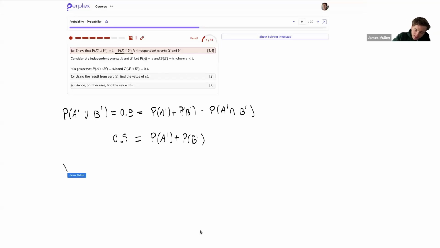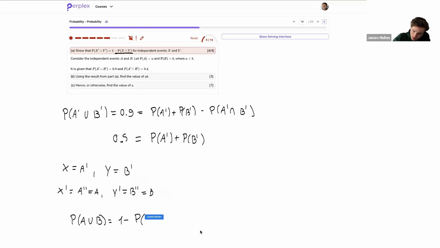I'm going to say let x equal A prime and y equal B prime, so that x prime is equal to A prime prime, which is equal to A, and y prime is equal to B prime prime, which is equal to B. That means I can say that the probability of A union B can be written as 1 minus the probability of A prime intersection B prime. So that would mean that 0.9, sorry, what am I saying? That's not the correct thing to say.